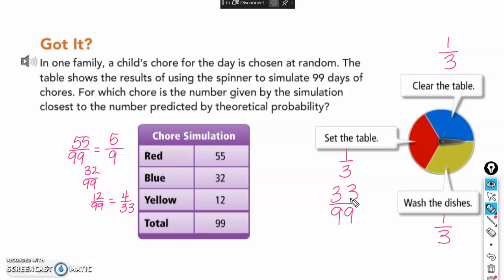So the one that would be the closest to 33 out of 99 would be blue at 32 out of 99. So for which tour is the number given by the simulation closest to the number predicted by the theoretical probability? That would be blue, which is clearing the table.